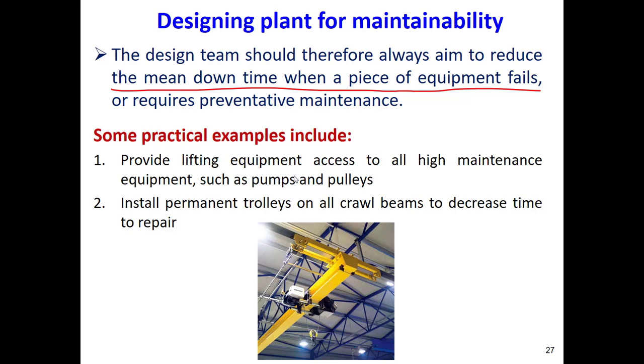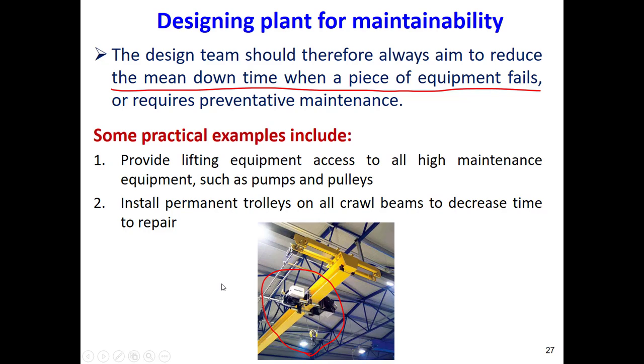Some examples are pumps, compressors, and heat exchangers, the equipment that continuously needs maintenance. So for accessibility, we need to design lifting devices close to that equipment. We have to make sure that we have already planned and installed some instruments, some devices that we can use to move that equipment.